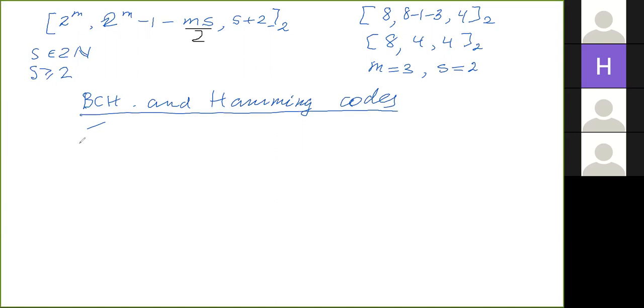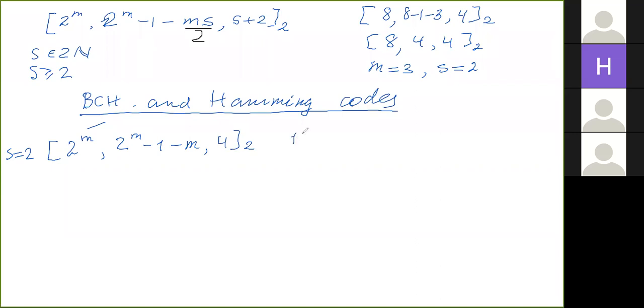So Hamming codes are more or less BCH codes where S is 2. For S equal to 2, we obtain the code with the following parameters: 2 to the m, 2 to the m minus 1 minus m, and 4.